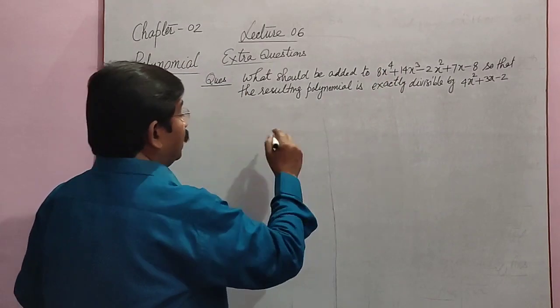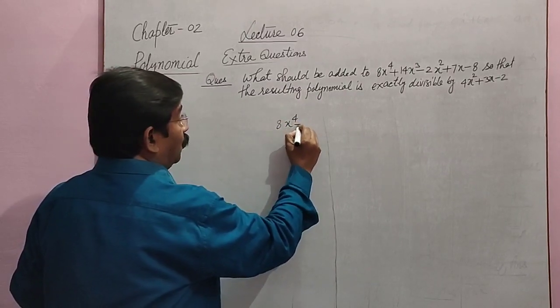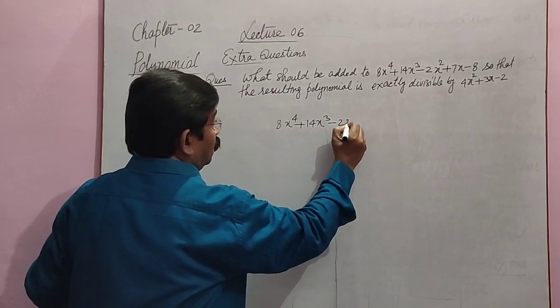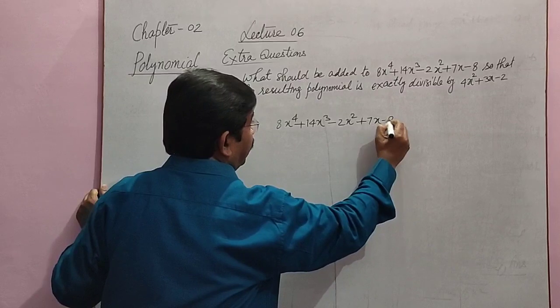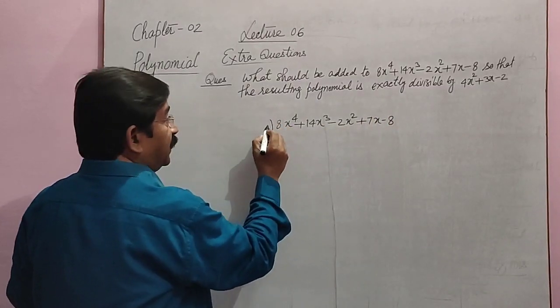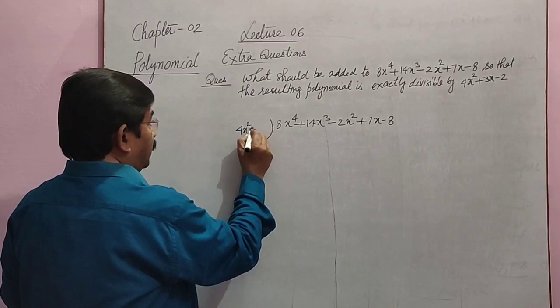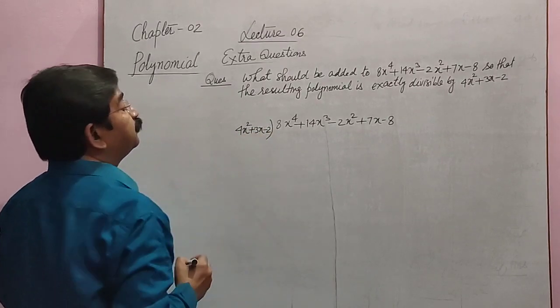Let's divide. We have 8x to the power 4 plus 14x cube minus 2x square plus 7x minus 8 by 4x square plus 3x minus 2.